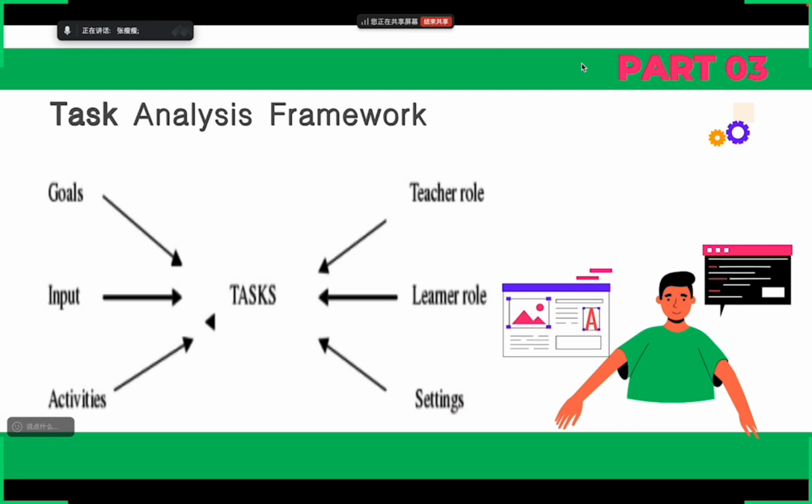Activities are the specific actions during the execution of the task. Teacher role is the guiding and other functions of teachers in tasks. Learner role is the roles assumed by learners in the task. Settings: the situation in which the task is carried out.